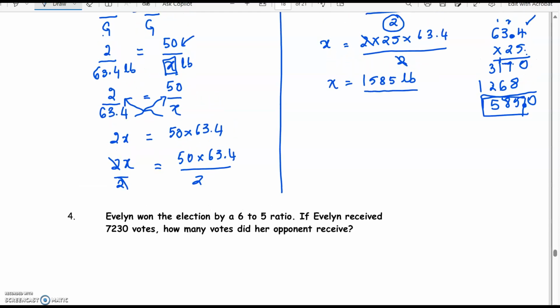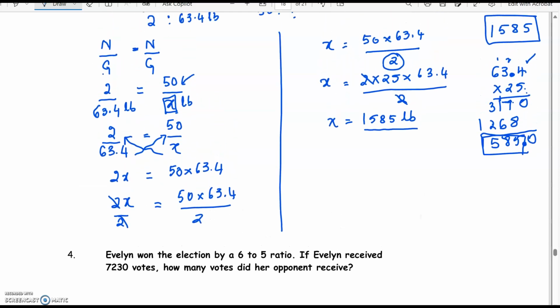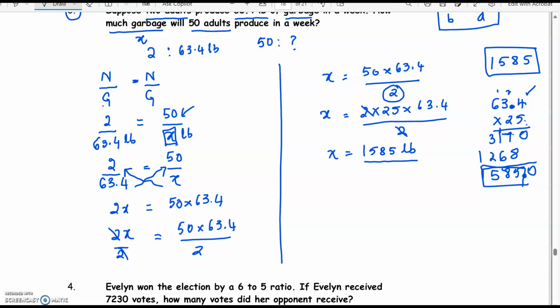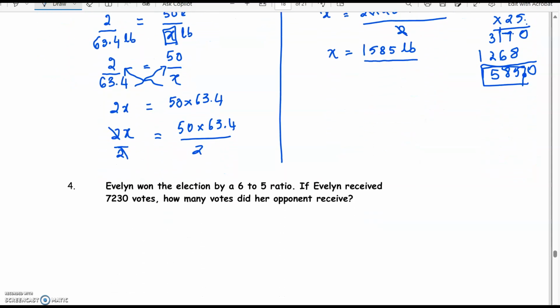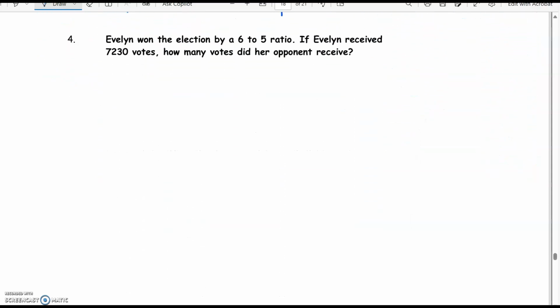So if you get something that doesn't make sense, you have probably switched one of these ratios. So be careful. Make sure that if you have the number of adults in the numerator on the left, you have the number of adults in the numerator on the right side. Amount of garbage on the left, amount of garbage on the right, both in the denominator. If you switch these, you're going to get a completely wrong answer. Now let's look at the next problem.